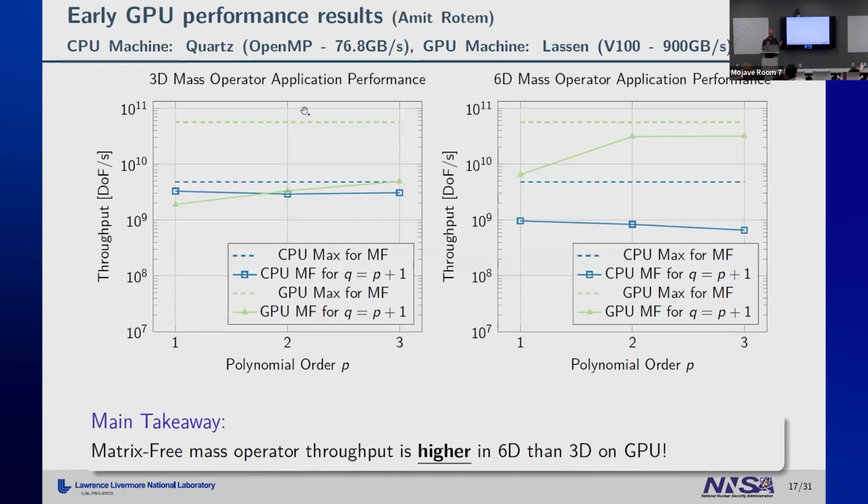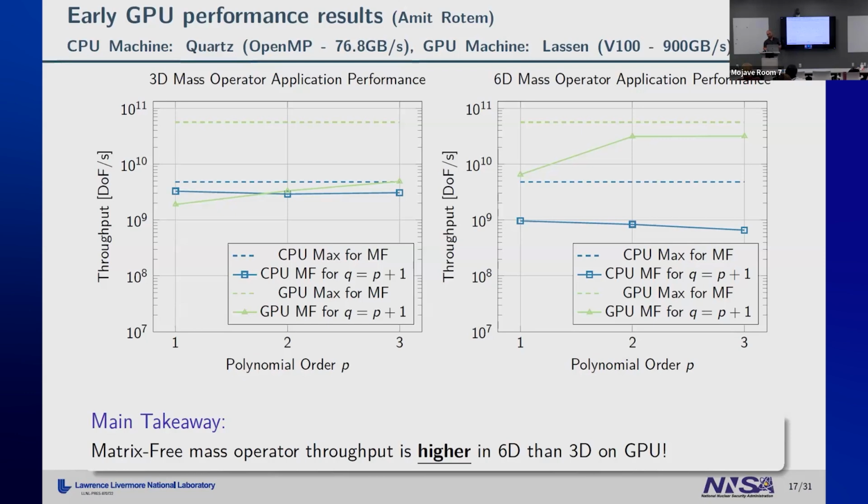And that, yeah, the GPU is still not great, but when you go to 6D now, you see something completely different. We see, as previously, that the performance on CPU decreases as we increase the dimension of the problem, but on GPU we are not computation bound. So now we can use more of the bandwidth because we have very regular memory accesses, even more so in 6D than in 3D.